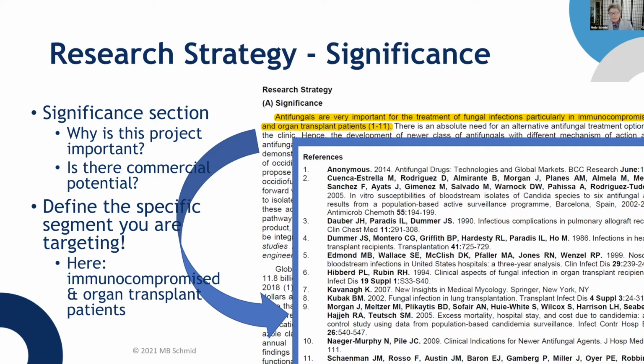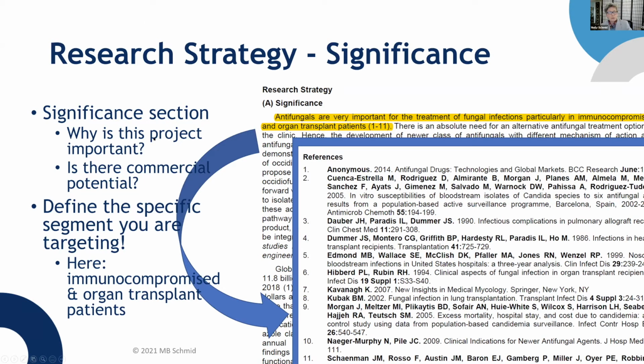11 people, 11 different publications over a reasonably long time period, from the late 80s to 2009, 2010. Everyone thinks that new antifungals are important, and specifically for treatment of fungal infections in immunocompromised and organ transplant patients. All right.